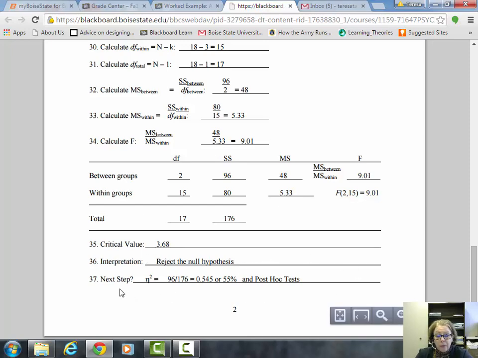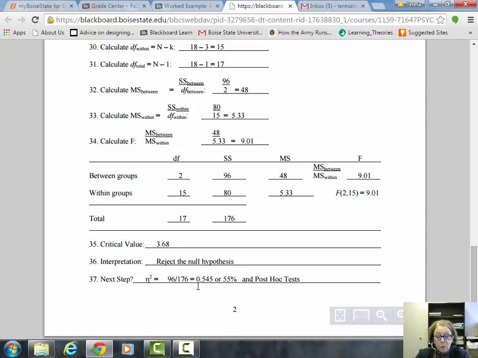And finally, the next step, there's a couple of next steps. If you have a statistically significant F-test, two of the customary things to do are to do a measure of effect size, and for ANOVA it's called eta squared. Really, really easy to calculate. You just divide your SS between by your SS total, just like it's laid out here, and you get a value that is your measure of effect size.